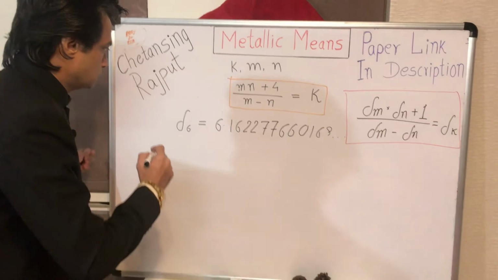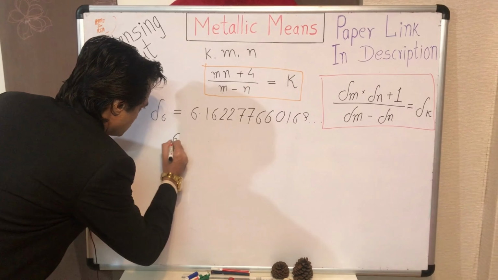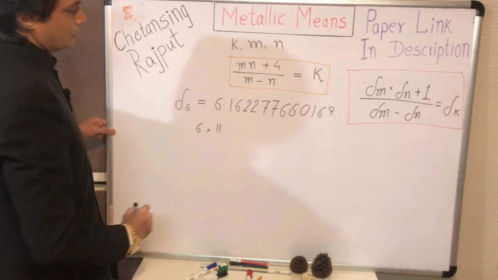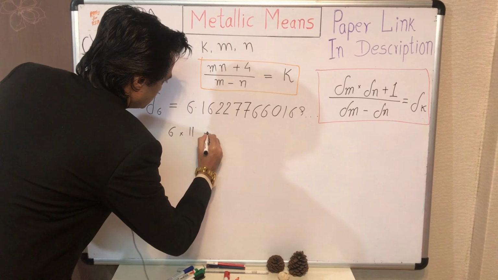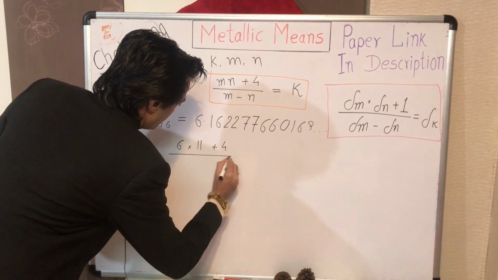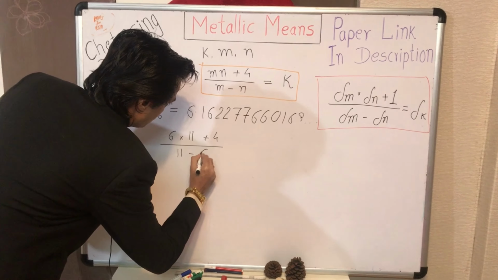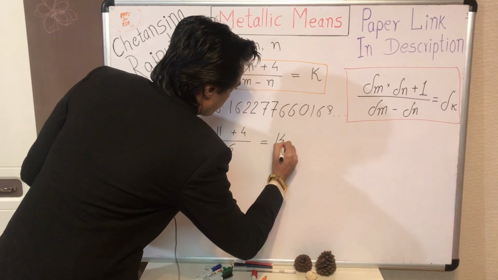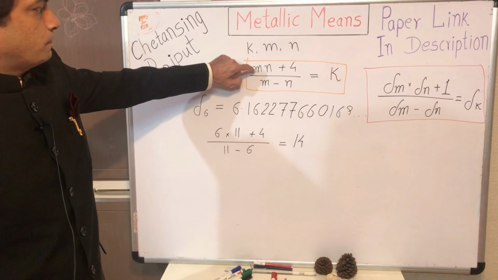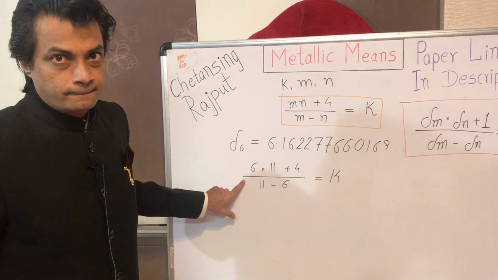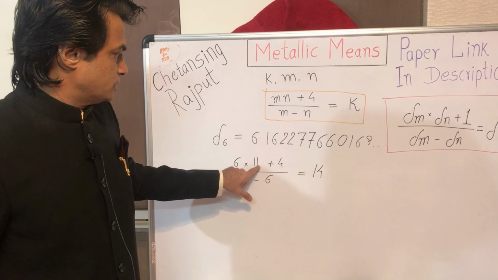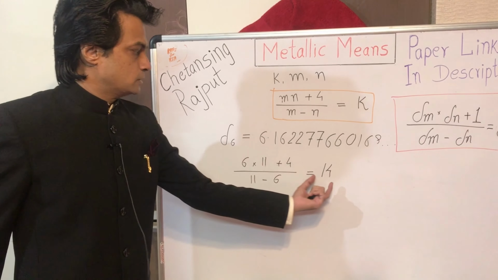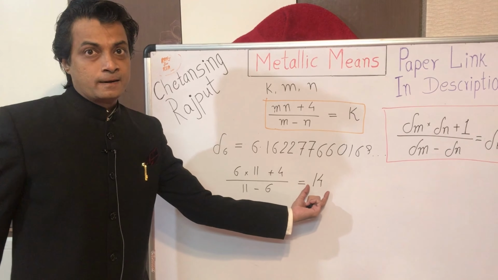For example, consider the digits 6 and 11. 6 times 11 plus 4, upon 11 minus 6, is equal to 14. This prerequisite is satisfied here. The product of 11 and 6 plus 4, upon the difference between these two digits, is equal to this value k.